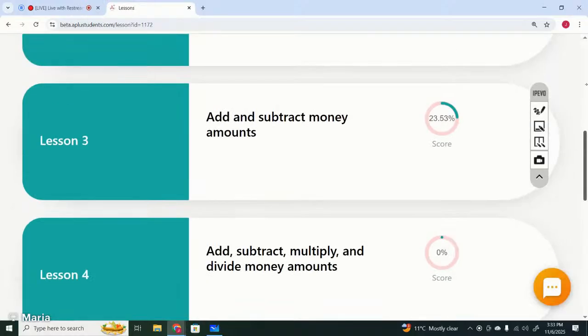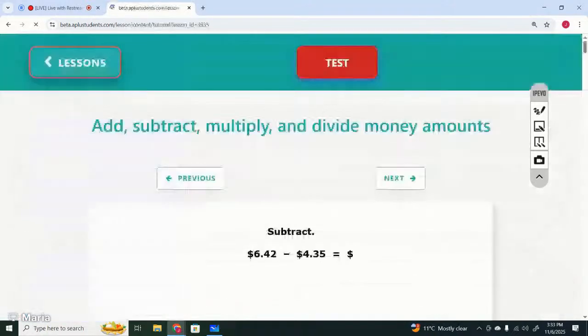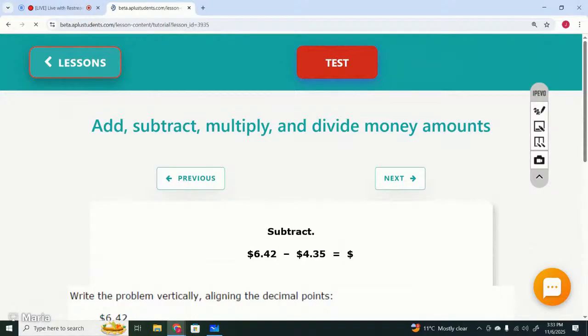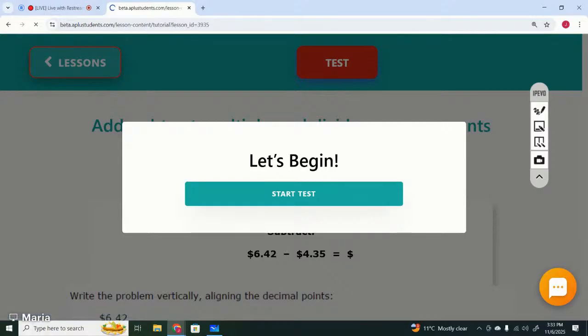Add, subtract, multiply and divide money amounts. Let's just start with the test questions.